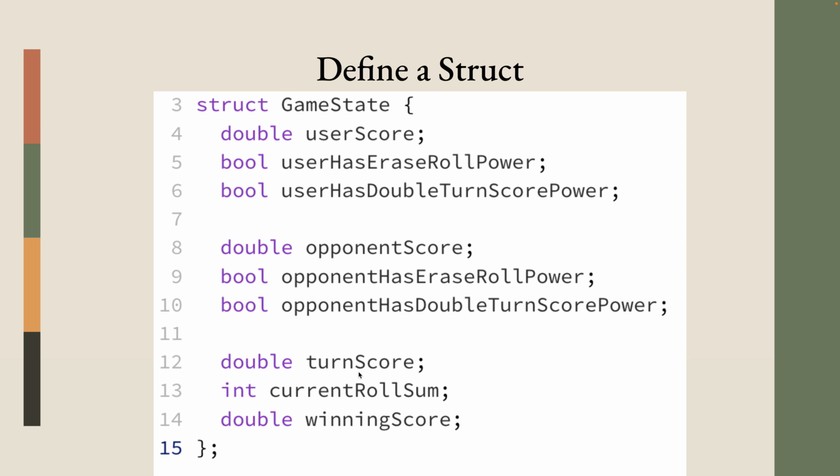Stuff like turn score is important. Your current roll sum, like if your current roll sum's a 7, then maybe you consider erasing the roll. So this is all information that you can use in your functions when you decide what to do. And if we pass in each of these variables by themselves, we would have 9 different function parameters, which would be pretty messy and not very good code.